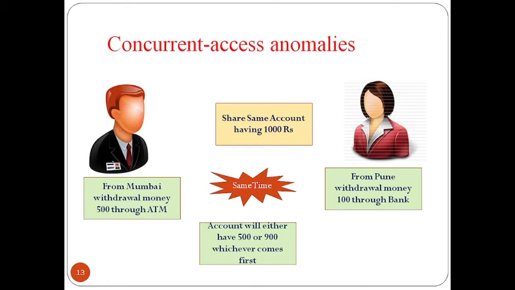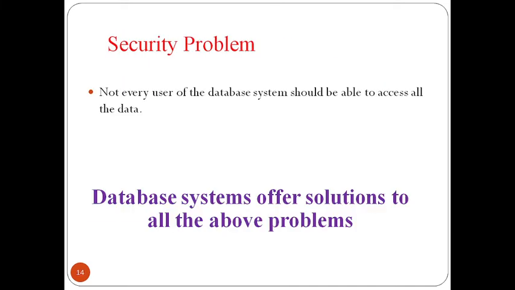Simultaneous access, or concurrent access, is difficult in the case of file systems, but this will be easier in database management systems. Then one more important aspect is the security problem. In a file system, we cannot give specific accesses to the users.